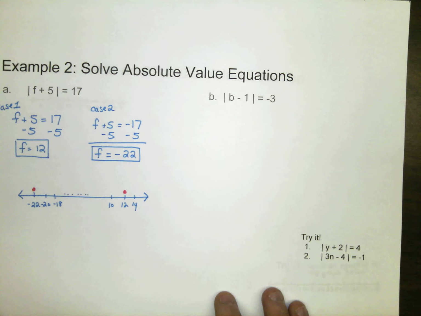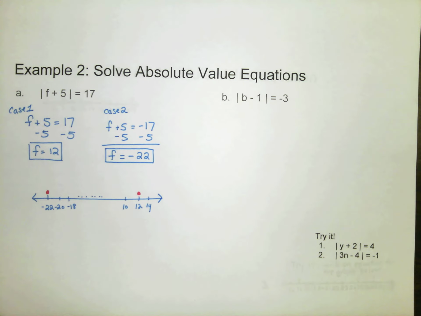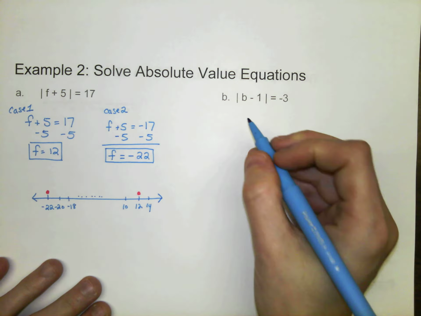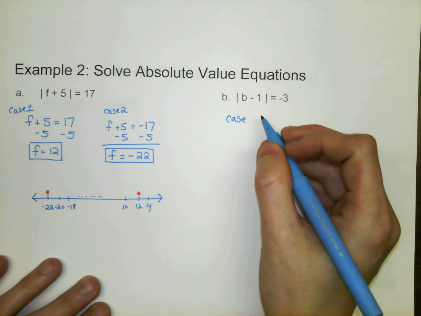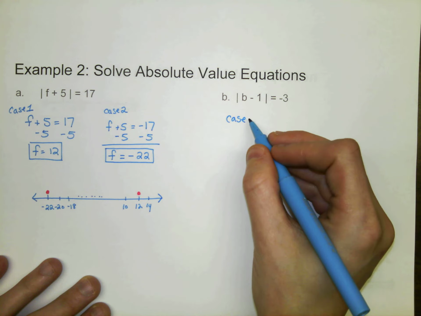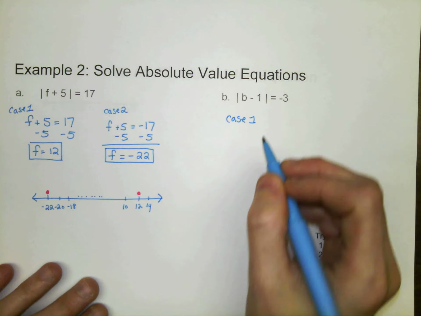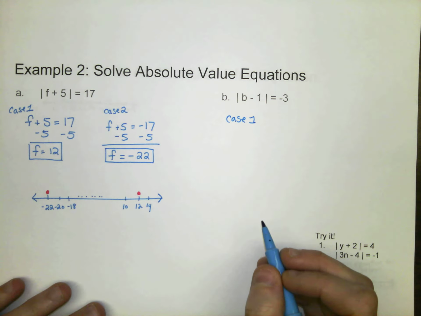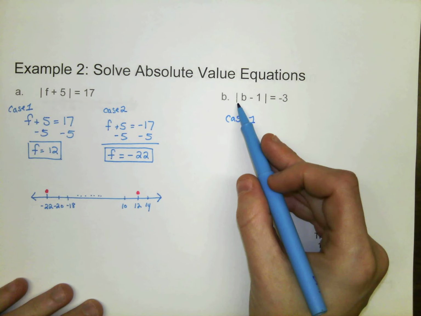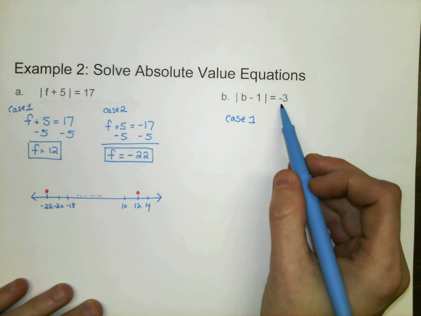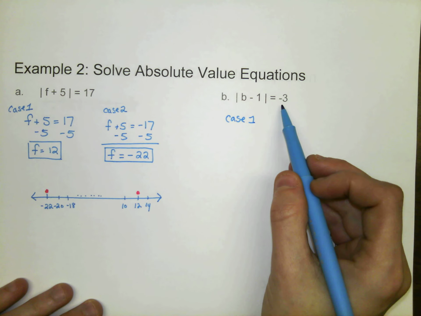So what if I had the absolute value of b minus 1 equals negative 3? Well, in case 1, I'm getting kind of confused by this when I look at this problem, because how can the absolute value of something be a negative?